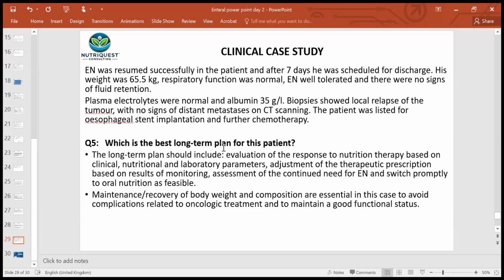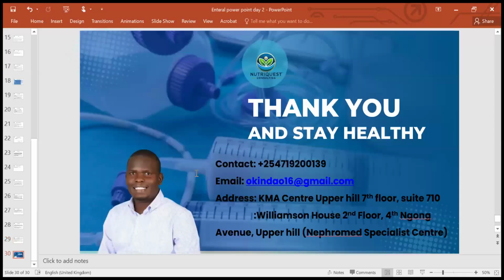So for the long-term plan here, you really need to consider a gastrostomy tube because we are going to have an esophageal stent. So long-term, you need to have a G-tube so that you allow the esophagus to heal. So that is the case study for today, and that is the end of my presentation on that issue.